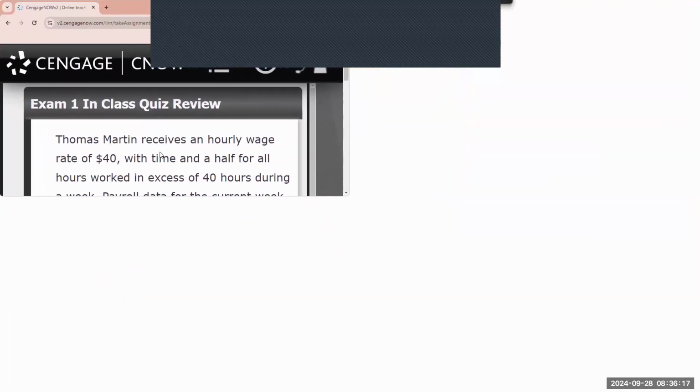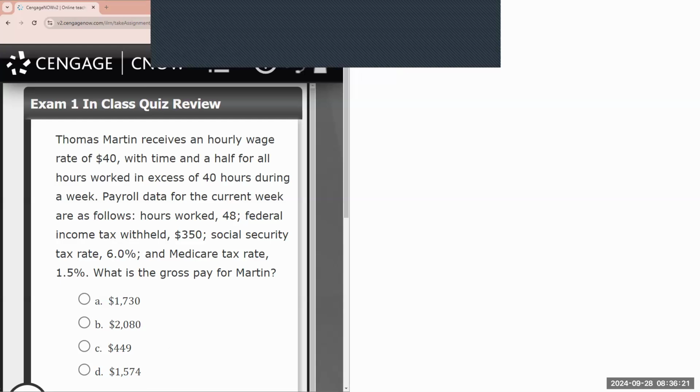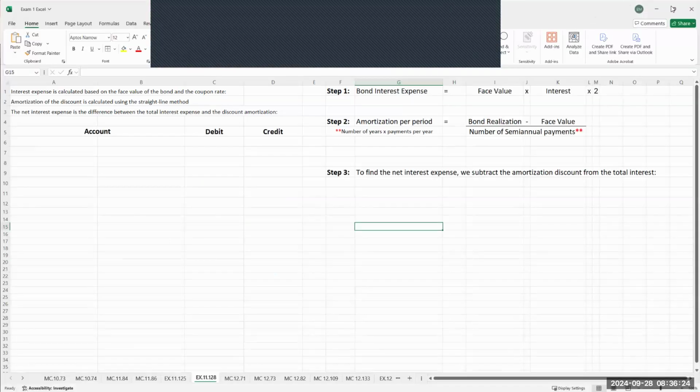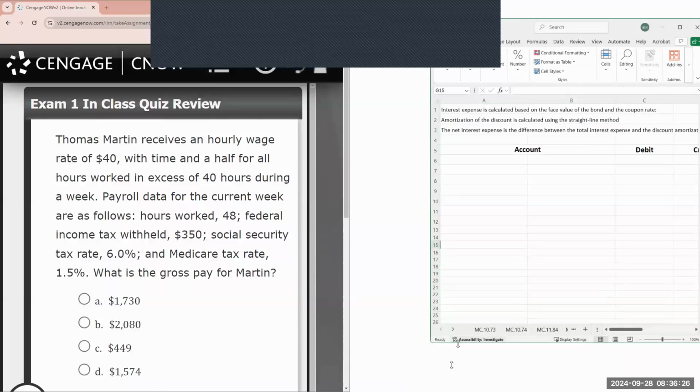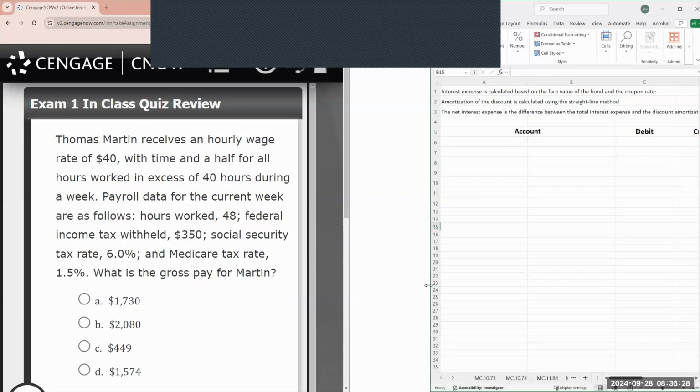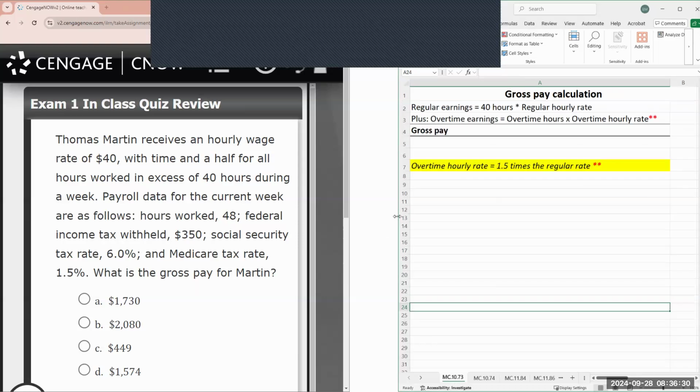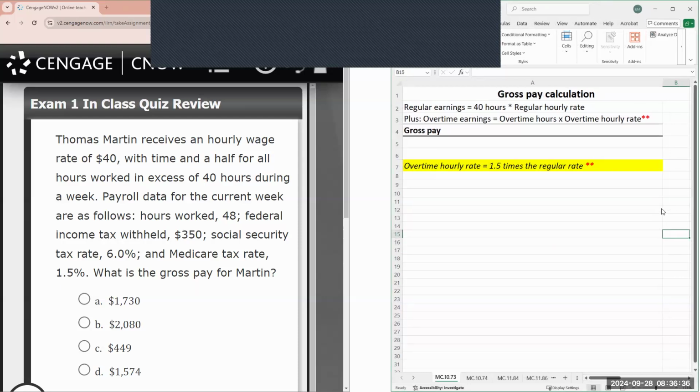So the key thing for us to keep in mind with this problem is that it is asking us for the gross pay. So we have this Excel spreadsheet that we are going to refer to. All right, so as mentioned, the key thing is that this problem is asking us about gross pay.